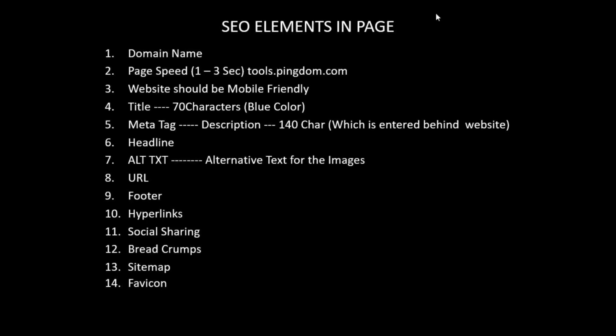The next thing is the meta tag. The description should be less than 140 characters. What does this meta tag mean? Whenever I want the search engine to highlight my information in the search engine's results, let me take an example.